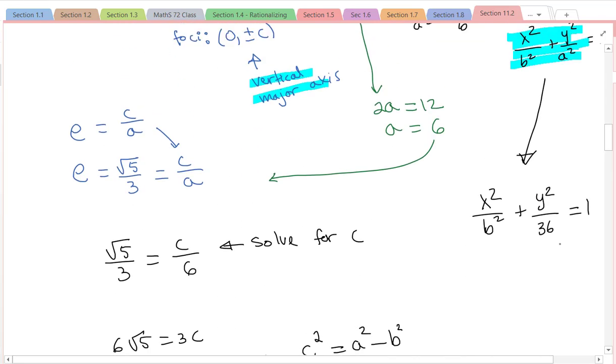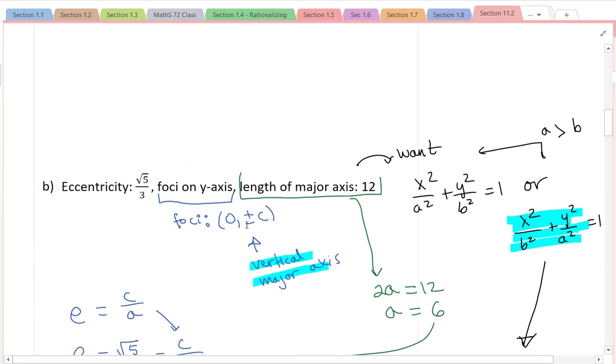So always keep in mind, what is it that you're looking for? We're looking for the equation. So it's either this one or this one. Something in the problem is going to give you the information that you either have a vertical major axis or a horizontal major axis, and then you will know your a. So here, from the foci being on the y-axis, I know that I have a vertical major axis.